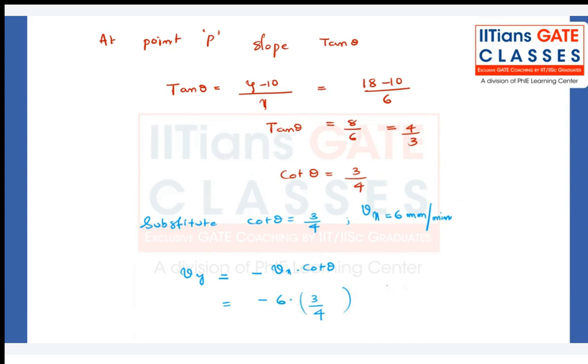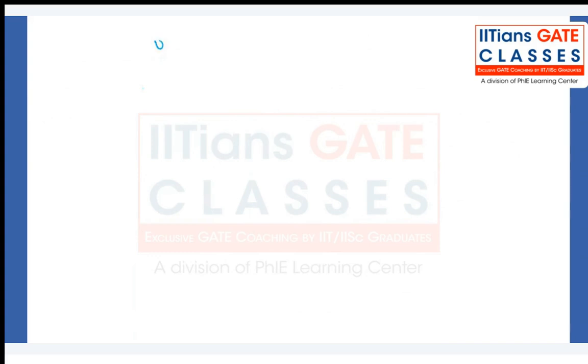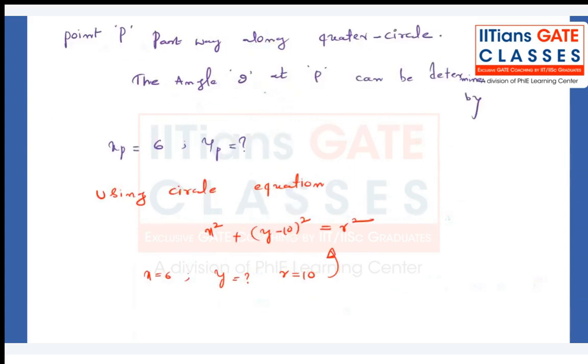I can write this as 18 by 4, so it is minus 4.5. So vy is equal to minus 4.5. But here it is in the upward direction, so that minus has to be neglected. Now vy is equal to 4.5 mm per minute. Clear, everybody, guys?